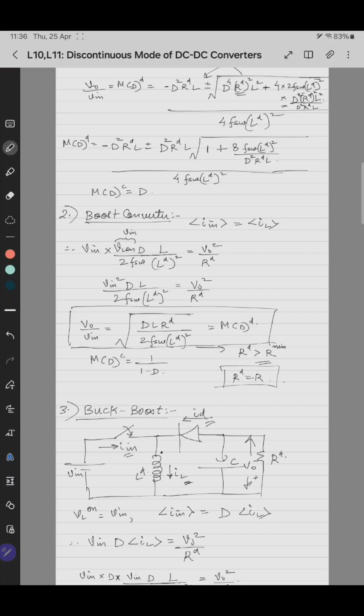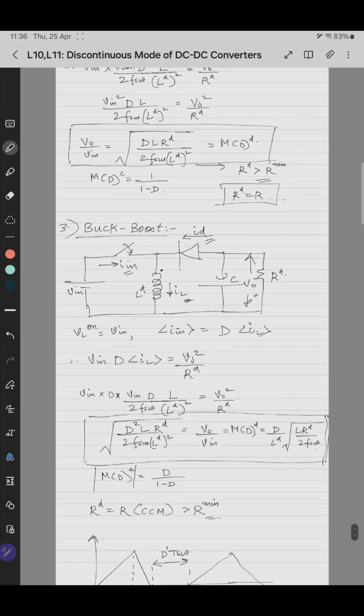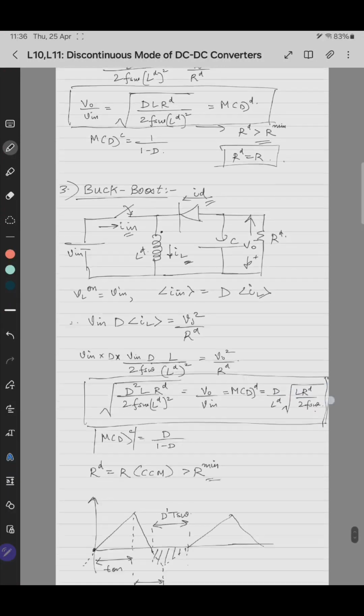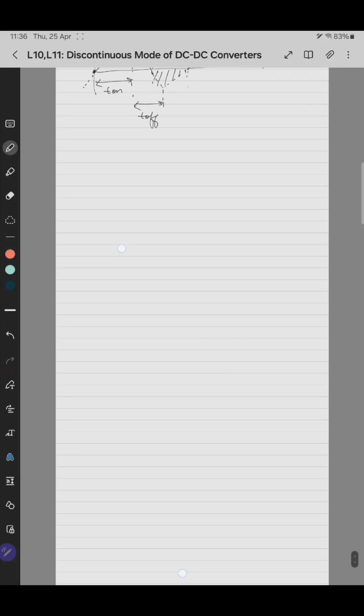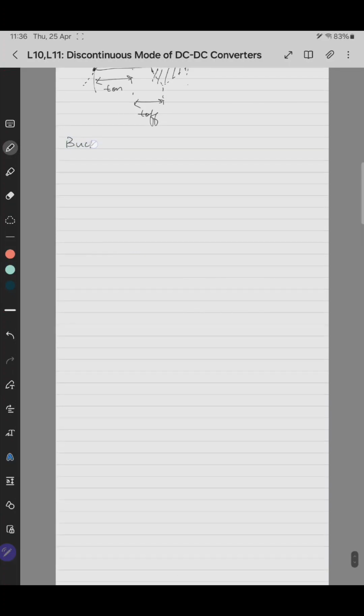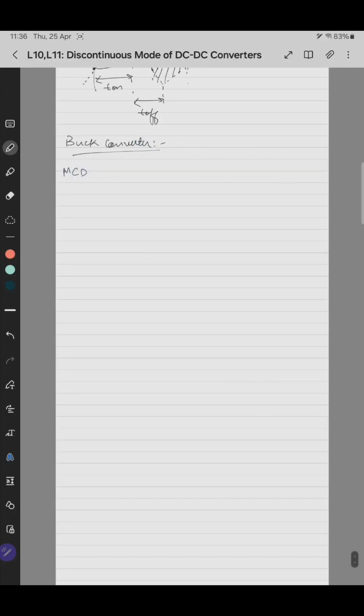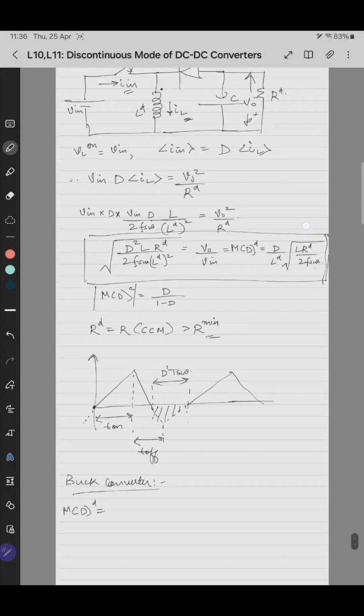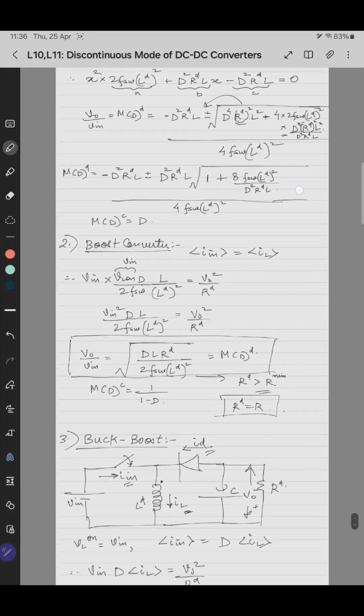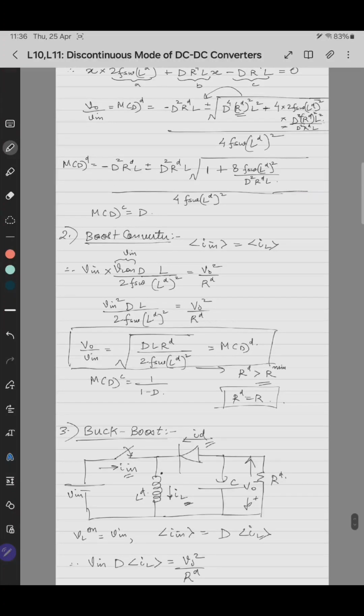So if we simplify, the expressions of M of D for boost and buck boost are simplified. For buck, we'll simplify it. What is M of D of discontinuous mode is this. We'll take D square RD by L common.